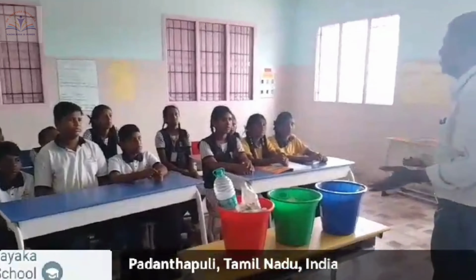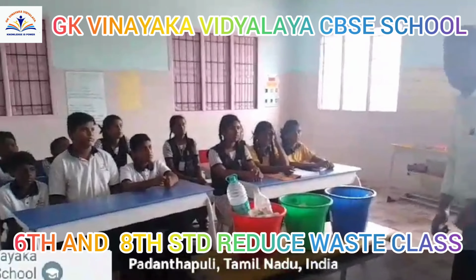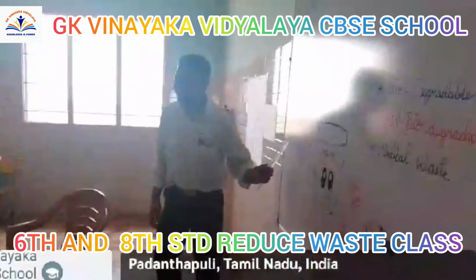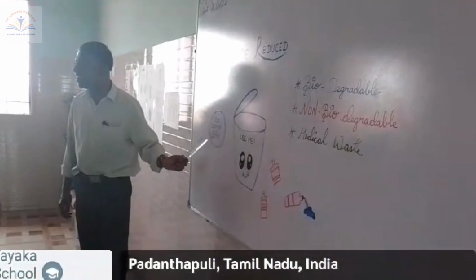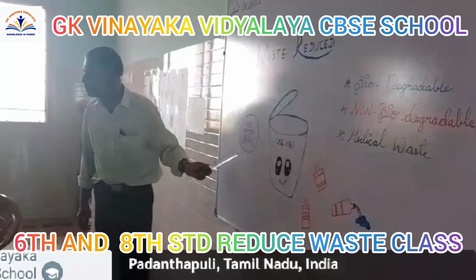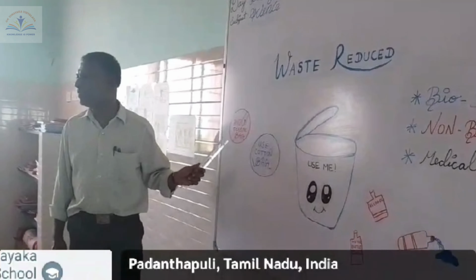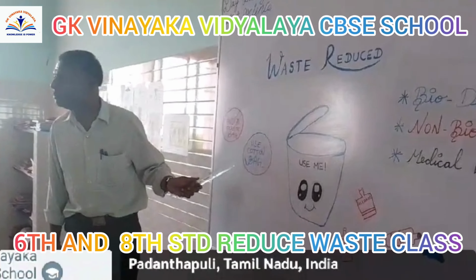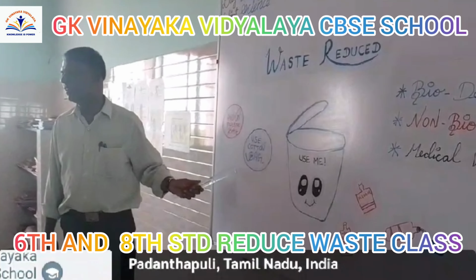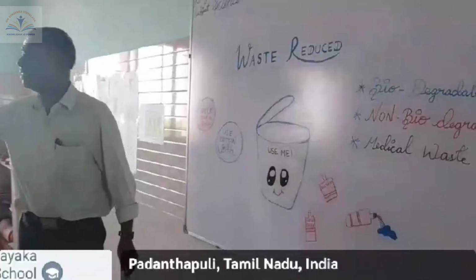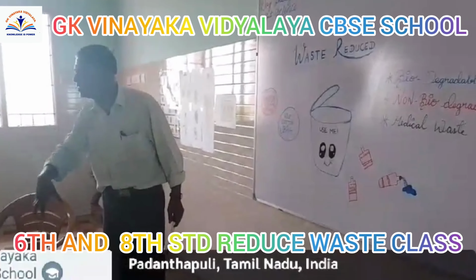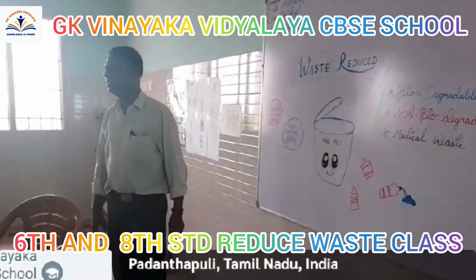Wherever you go, wherever you purchase anything, use cloth bags. That will decompose by bacteria and fungi. If you use plastic and metals, they cannot be decomposed by bacteria and fungi, and rainwater cannot percolate inside the ground.